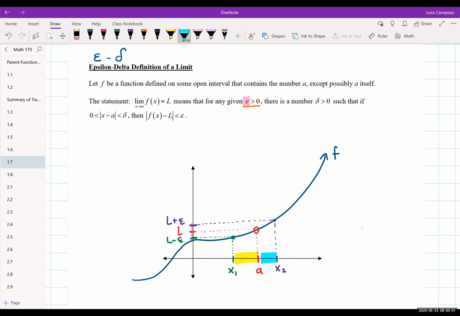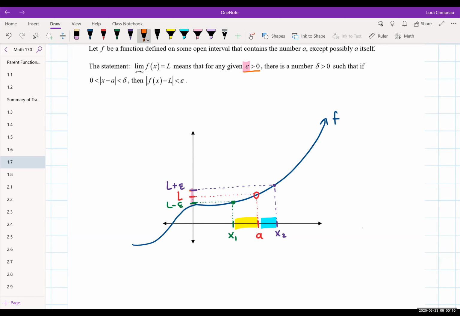And those distances, and I'll write them out in absolute value mode, the distance from x1 to a and the distance from x2 to a, those are dependent on where we draw the epsilon.